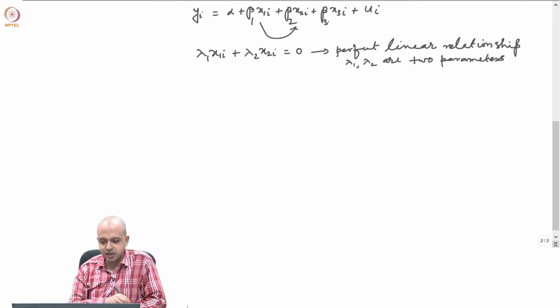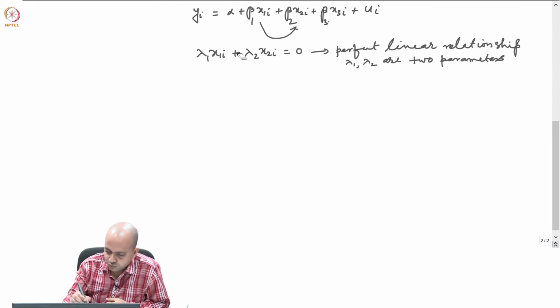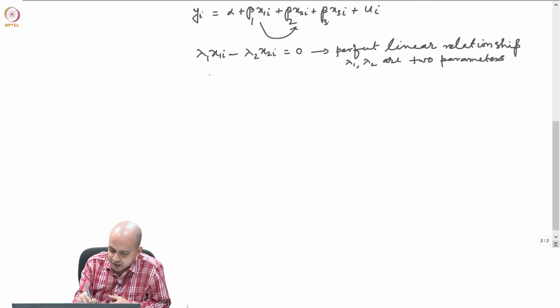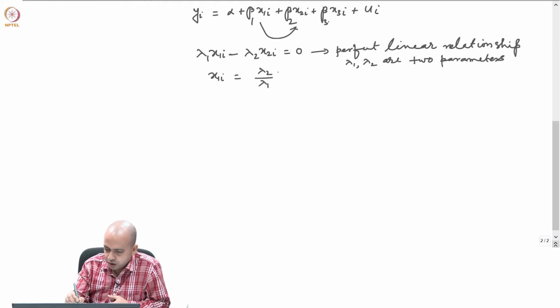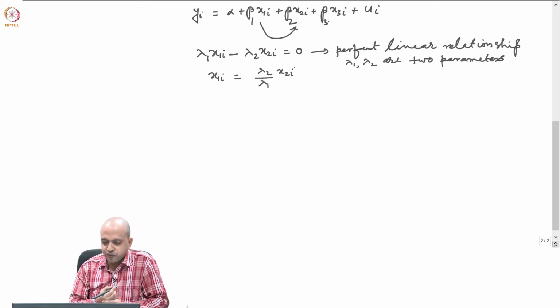So, you can easily express, or if you can put this as minus, it would be easier. That means I can say that x1i equals lambda 2 by lambda 1 into x2i. So, if you know the values of lambda 1, lambda 2 and x2i, then you can easily identify what is x1i.